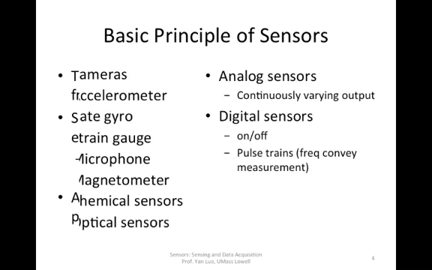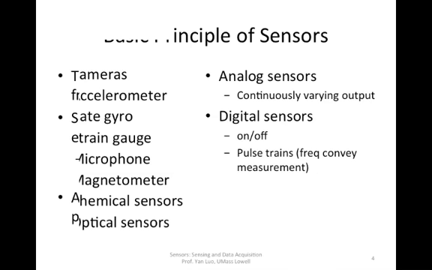You can easily have a long list of sensors. You can have cameras, which has image sensors. You can have an accelerometer in your phone, a gyro, often in your phone nowadays, a strain gauge, which can measure the stress of a string. And you can have microphones that can pick up sound waves and convert that into electric signals.